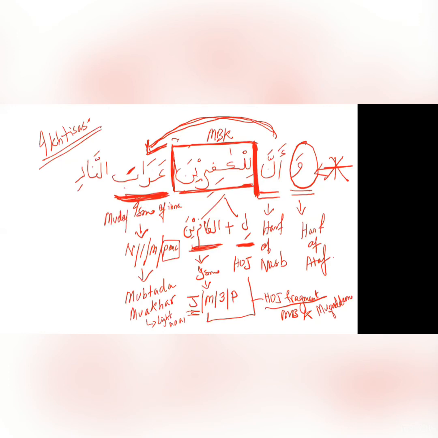Exactly. Now we see the next ism because we have to see whether a new bucket is starting or the same bucket is going on. An-nari, is it ism or fail? Ism. What are the 4 properties? Jar, singular, feminine, and proper. Feminine, why?